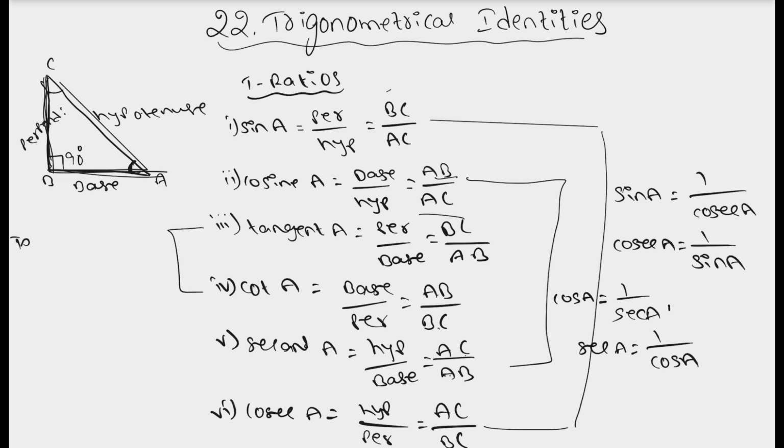So tan A is equal to 1 by cot A, and cot A is equal to 1 by tan A.